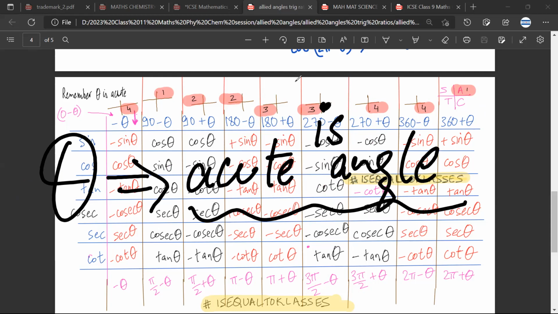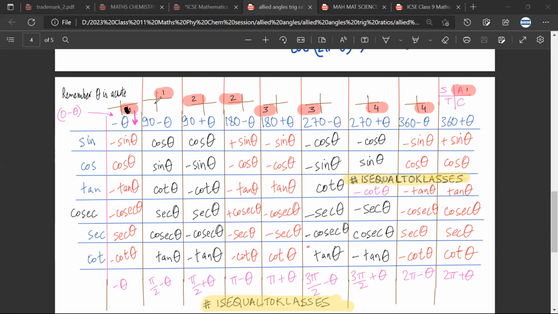If you see, this table has been constructed in terms of minus theta, 90 minus theta, 90 plus theta, 180 minus theta, and in terms of pi also: pi by 2 minus theta, pi by 2 plus theta, pi minus theta, pi plus theta. Students coming from class 10th to 11th are more comfortable with 270, 360, 180 rather than pi, 3 pi by 2, 2 pi.